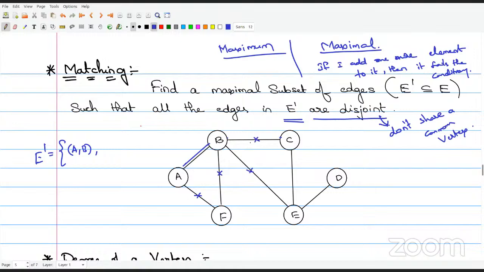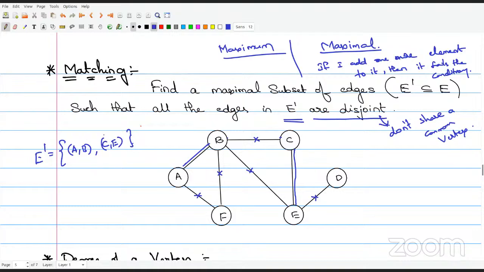Because all these edges will share a common vertex. So then I have to choose either CE or DE. Let me pick CE. Once I pick CE, I cannot pick DE anymore. So now E dash has only 2 disjoint edges.